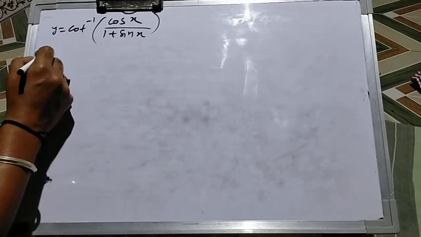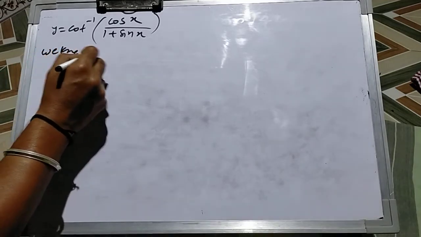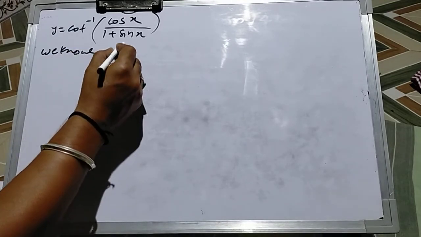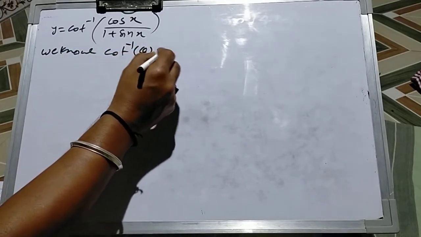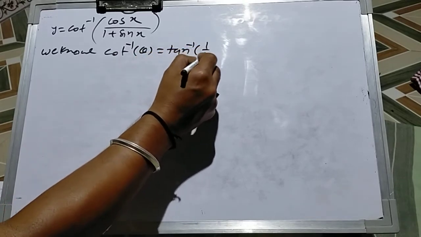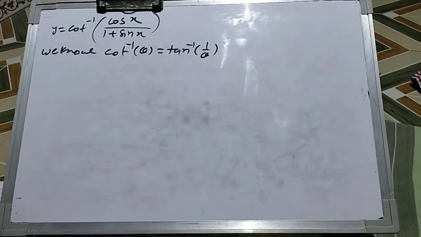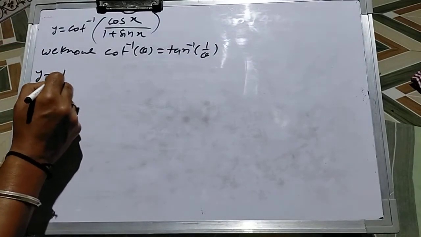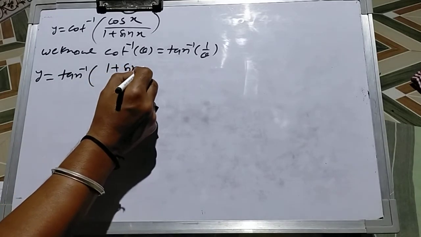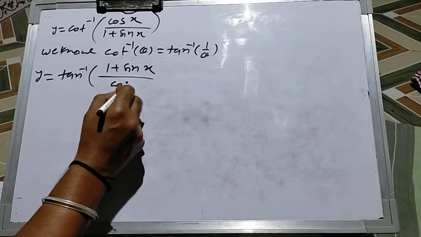So we know cot inverse of theta is equals to tan inverse of 1 divided by theta. So this term y can be written as tan inverse of 1 plus sin x divided by cos x.